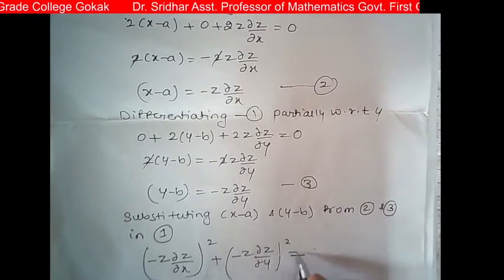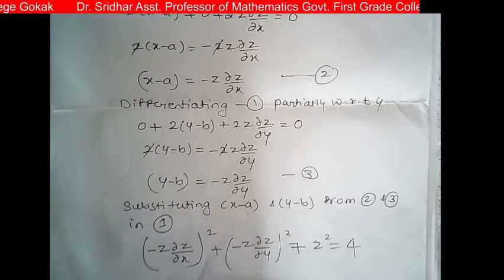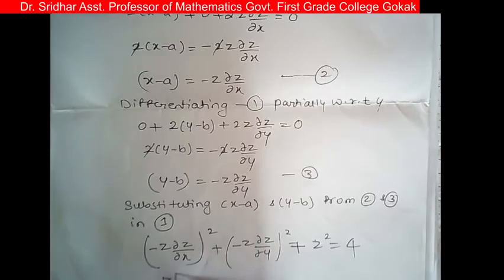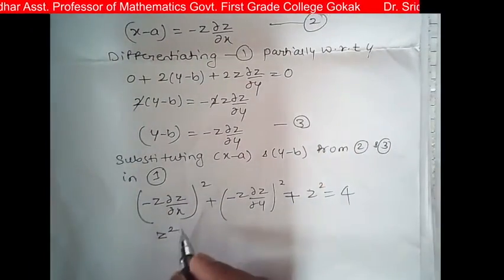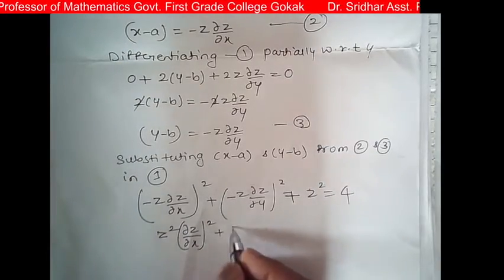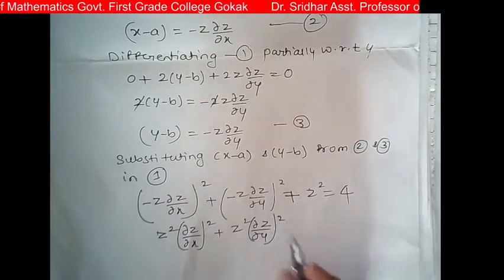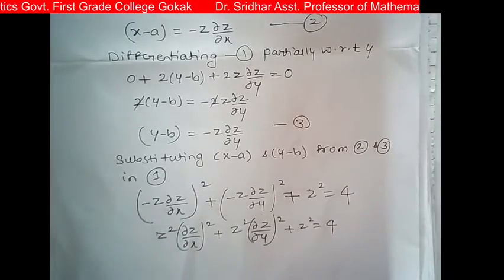A plus z square equal to 4. Or in other words, after squaring this becomes z square into dou z by dou x whole square, plus z square into dou z by dou y whole square plus z square equal to 4.